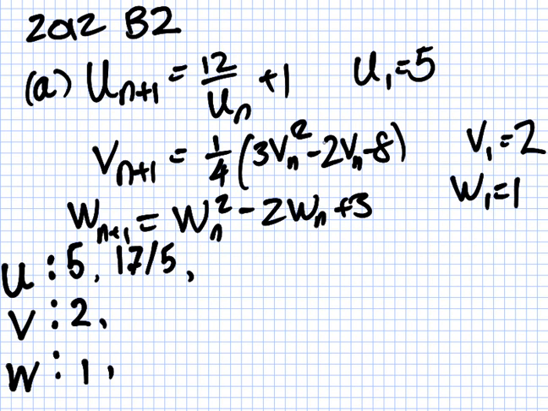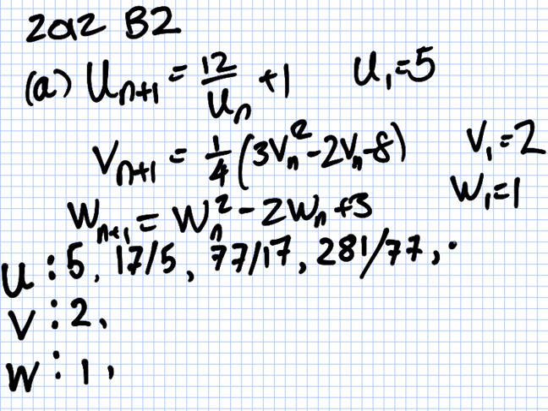Let's see what I get there. 12 over that 1 plus that, 77 over 17, and then if I do that again, putting it back into the formula, I'll get 281 over 77, and so on.